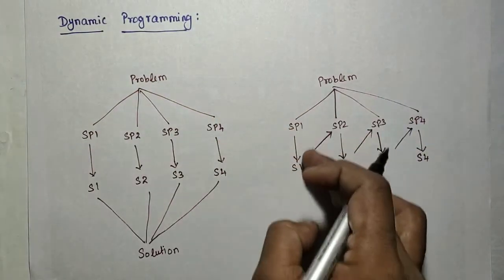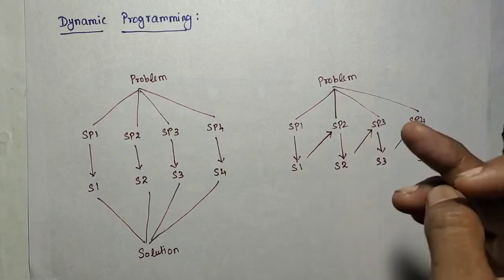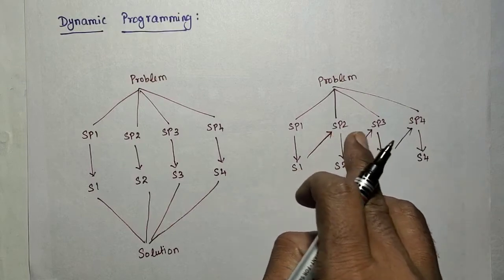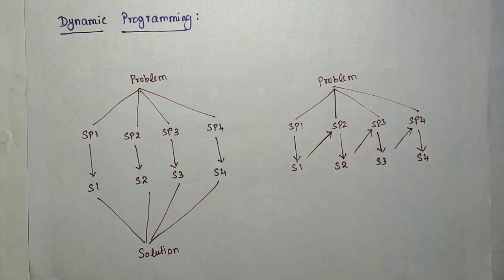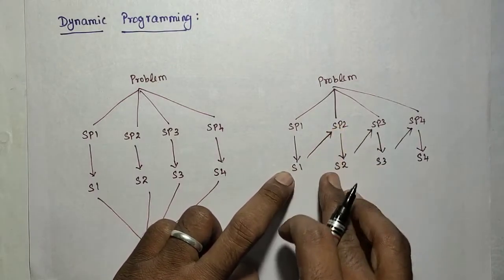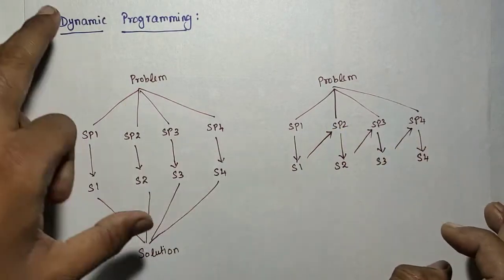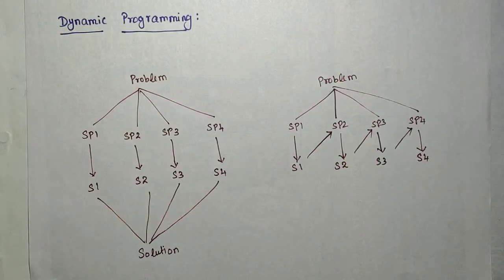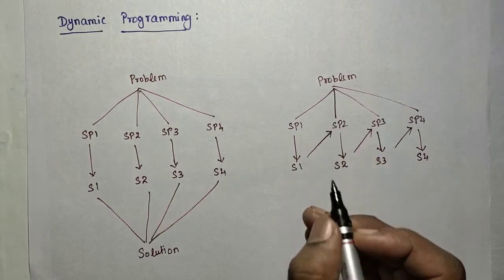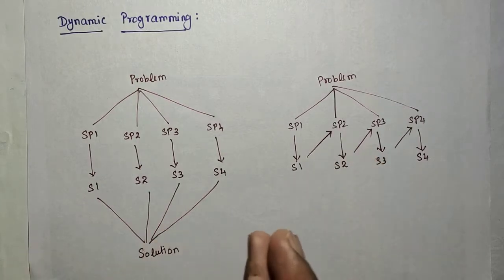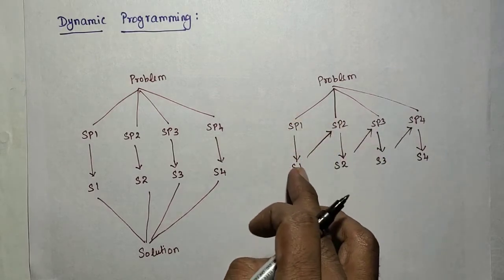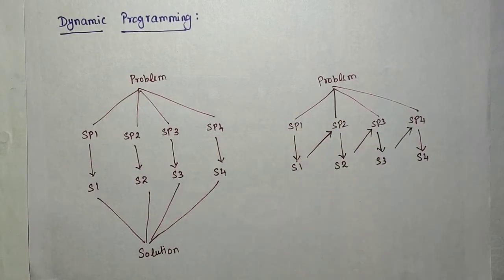The smaller subproblem solution may be needed for obtaining the solution for the larger subproblem. If you design the algorithm like that, it becomes dynamic programming. It means that in dynamic programming, we start solving the smaller subproblems one by one. Once the smaller subproblems are solved, the solutions are stored in a table.